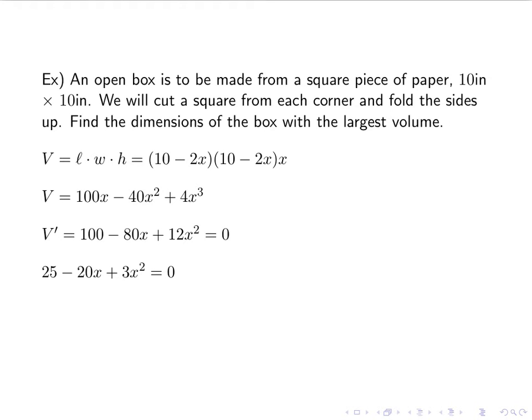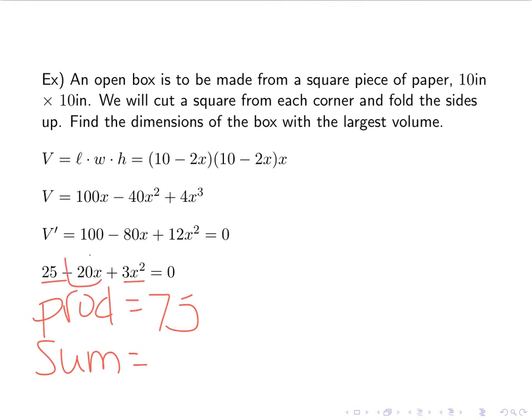I have a quadratic. And again, when it comes to solving a quadratic, you can either factor it if it's factorable, or you can use the quadratic formula. So this guy is factorable, so I'm going to factor it. Remember, I want two numbers whose product is 75, a times c, and whose sum is the middle, negative 20.